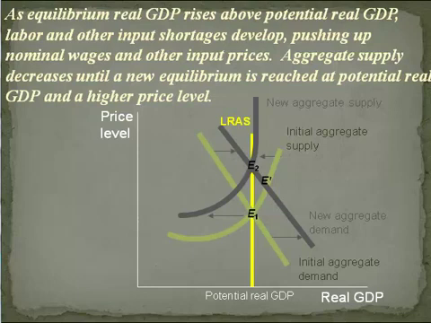As equilibrium real GDP rises above potential real GDP, labor and other input shortages develop, pushing up nominal wages and other input prices. So as labor wages go up and as the input costs go up, the aggregate supply curve shifts leftward because there would be a decrease in aggregate supply. Aggregate supply decreases until a new equilibrium is reached at potential real GDP and a higher price level.